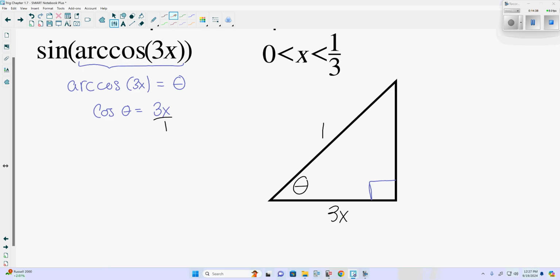Well, we need to find this missing side. A squared plus b squared equals c squared. I know one of the two sides, so we can say A is 3x, B is our missing side, and C is 1.